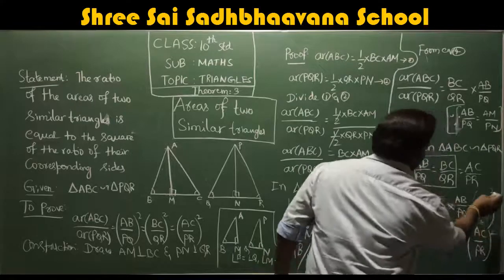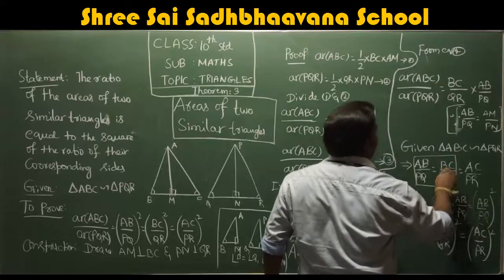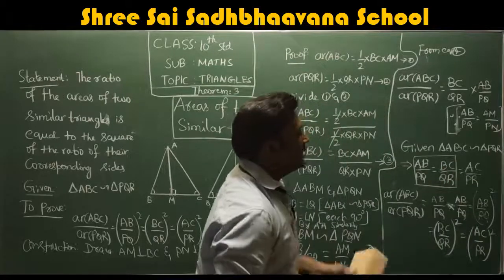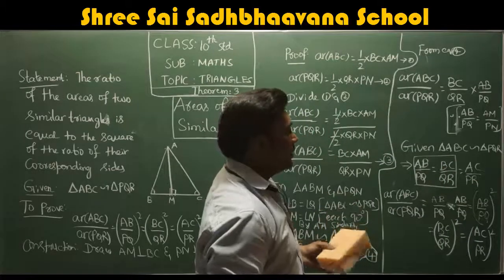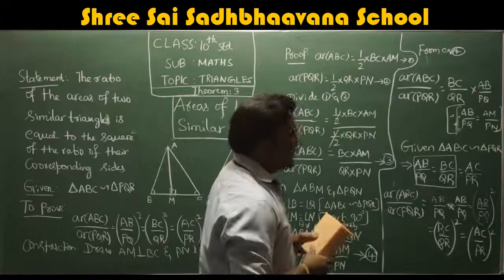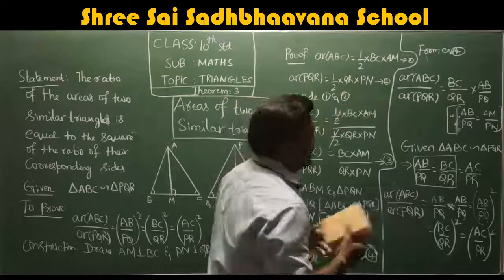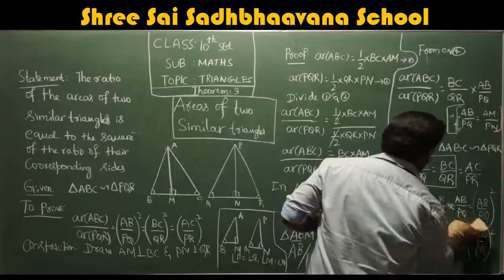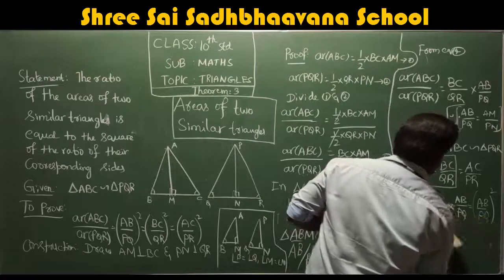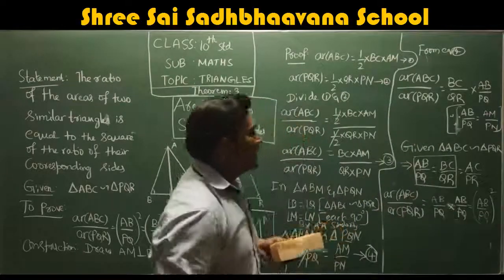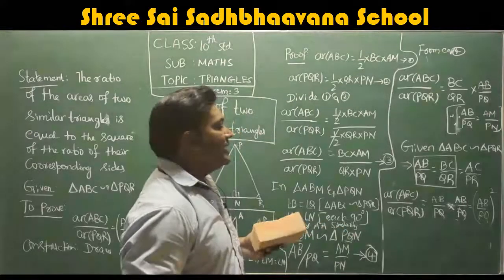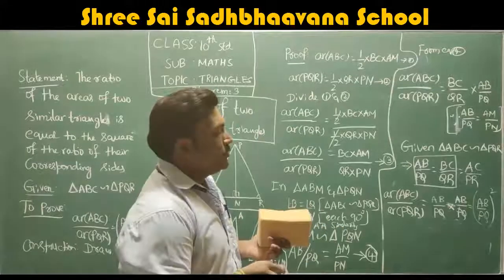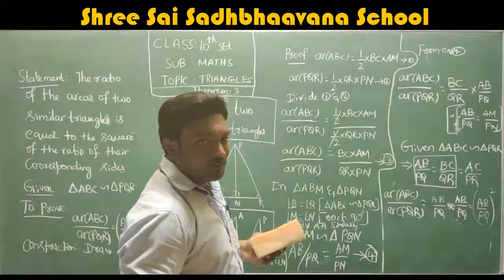Again, you can write in the place of that AC by PR. So what I did here, I proved that, or if you are getting confused, leave it here, I'll do one more step. I hope you understood till here: area of triangle ABC divided by area of triangle PQR is equal to AB by PQ whole square.